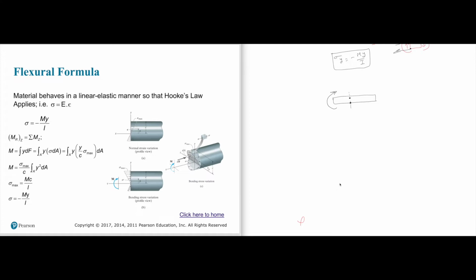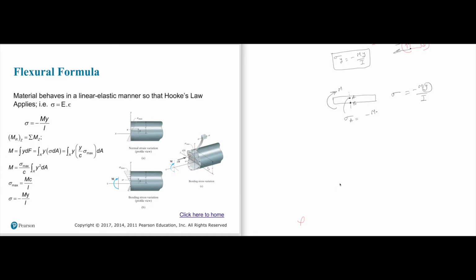What will you do? Stress acting at that point, sigma, let's call it A, B. Sigma A is negative moment times, because what is the formula? Sigma is negative my over I. So times, what is y?